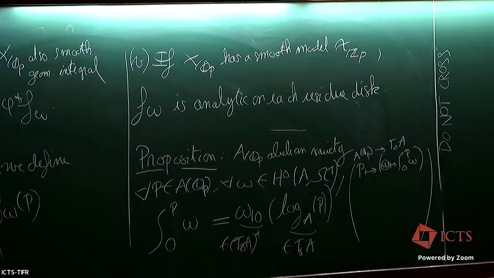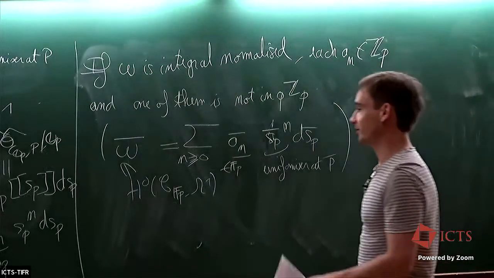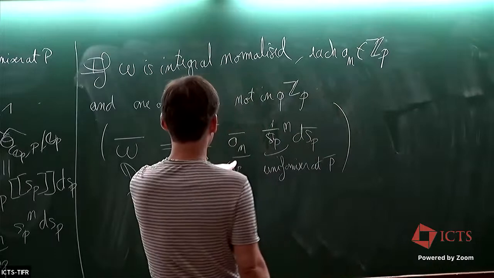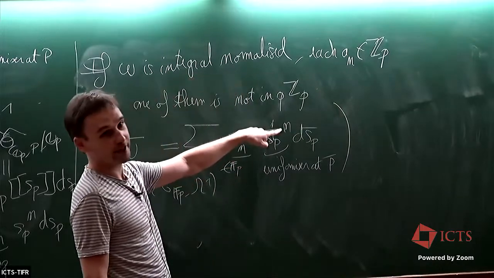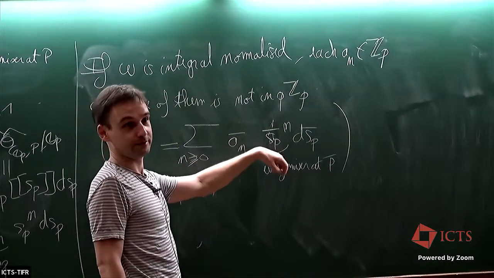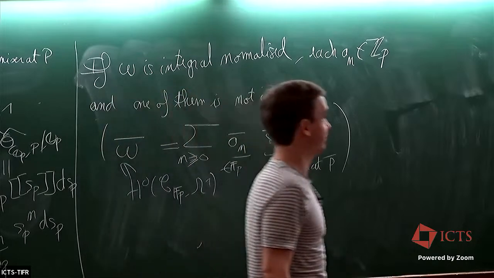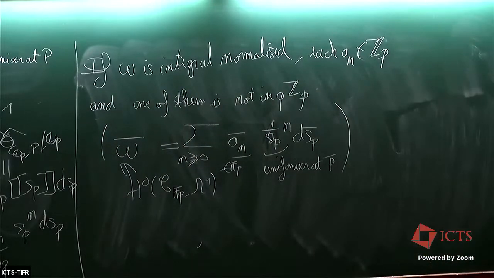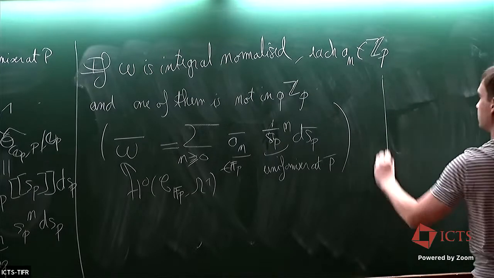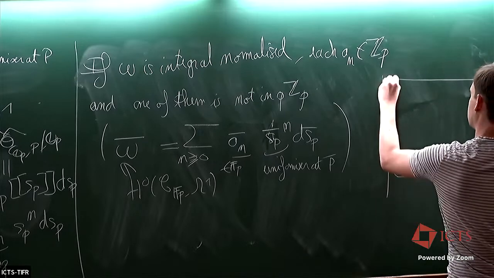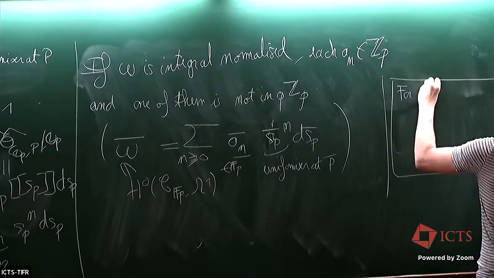I don't have a lot of choice. Up to constants, I'm sure I have to have the sum of an SP^(n+1) divided by n+1. That's the only possible choice I have for a local primitive. And that's the usual formula.